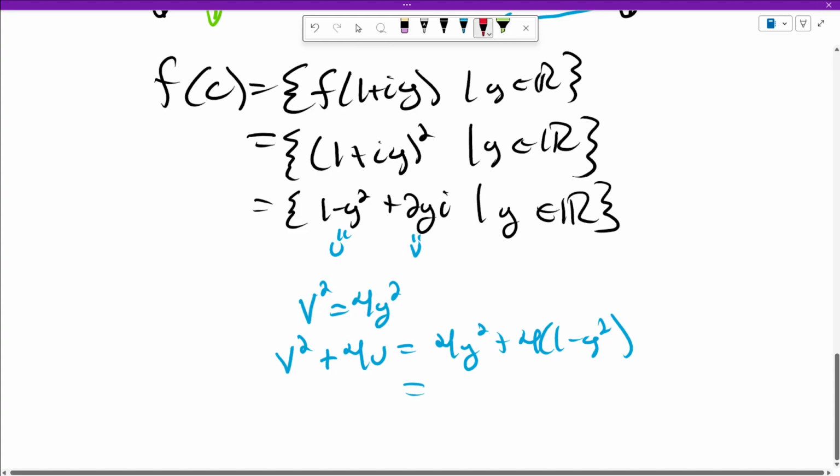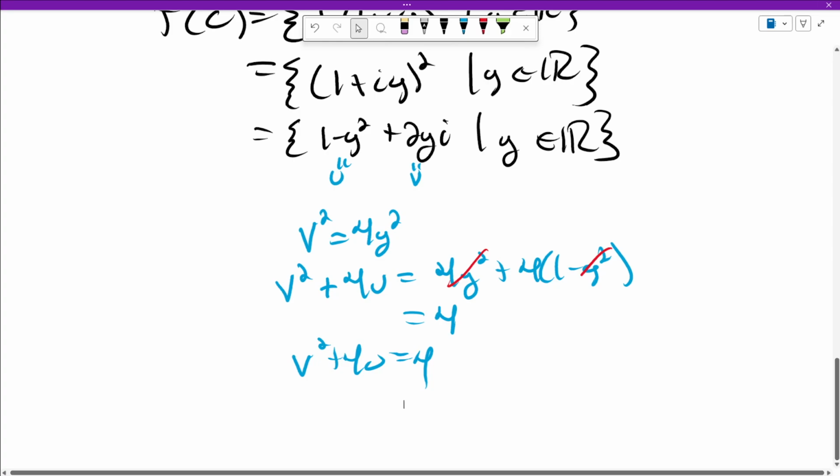And so the negative 4y squared and the 4y squared cancel, so we get 4. So in other words, we have the equation v squared plus 4u is 4. And we could write that as 4u is negative v squared plus 4. Or finally, u is negative 1/4 v squared plus 1.